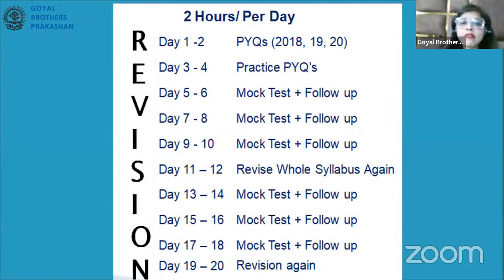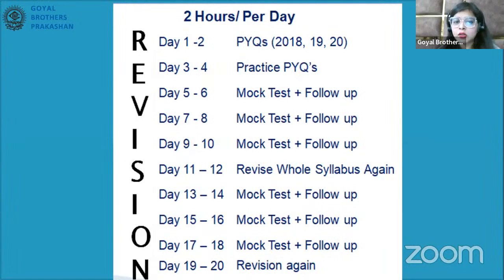So for day 1 and 2, we'll practice the previous year papers. We will take out the previous year papers of, let's say, 18, 19, 20, or even more, so 15, 16, 17, 18, 19, 20, whatever you feel like, past 3 years, 4 years, 5 years, 6 years, whatever you feel like, right? So we're going to practice the question papers.